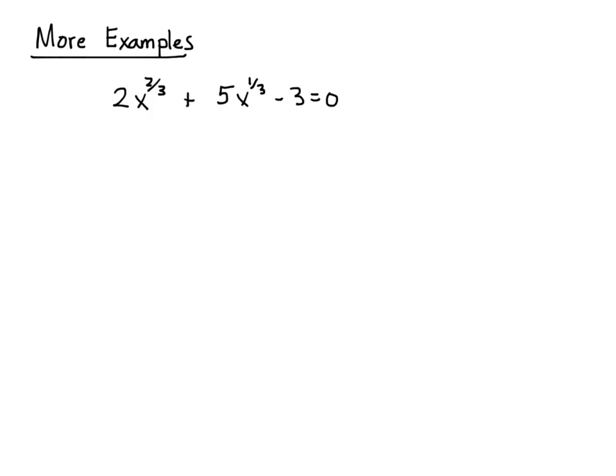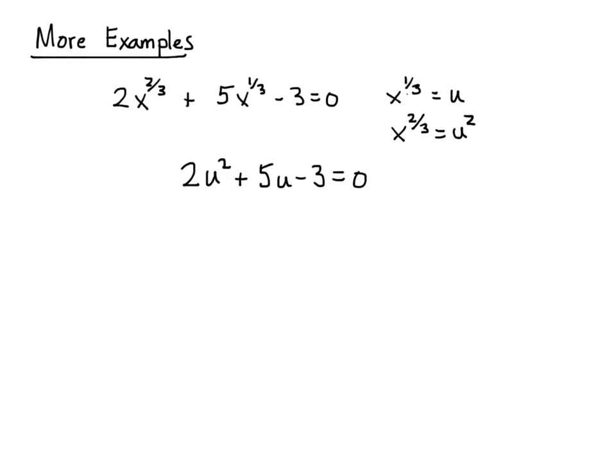Okay, so we can have other things like fractional exponents. Here the recognition is that by using the power-to-power rule, you can square x to the 1/3 and get x to the 2/3. So there's the basis of our substitution, where we can say x to the 1/3 is u, x to the 2/3 is u squared, and so then we have 2u squared plus 5u minus 3 equals 0.